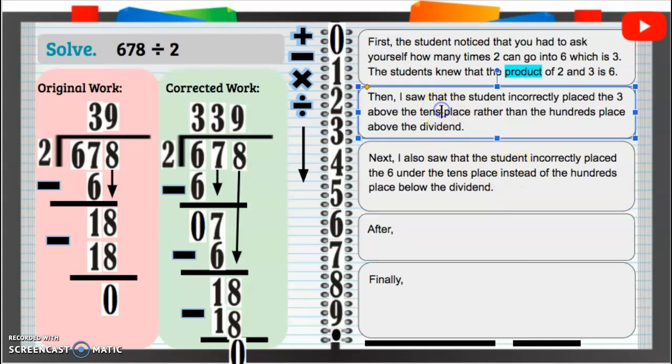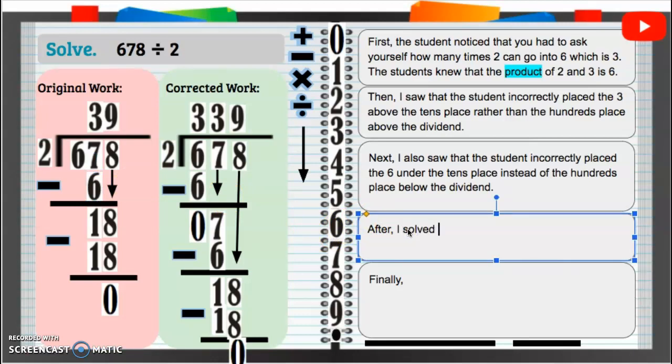So those last two ones: I saw that the student incorrectly placed the 3 above the tens place rather than the hundreds place above the dividend. Next, I also saw that the student incorrectly placed the 6 under the tens place instead of the hundreds place below the dividend. Well, after we saw that, we got to solve it.